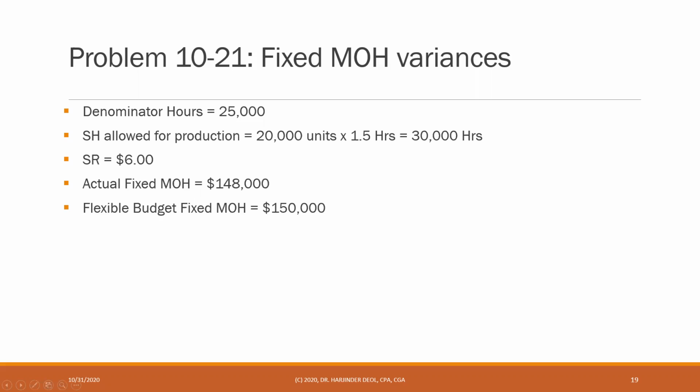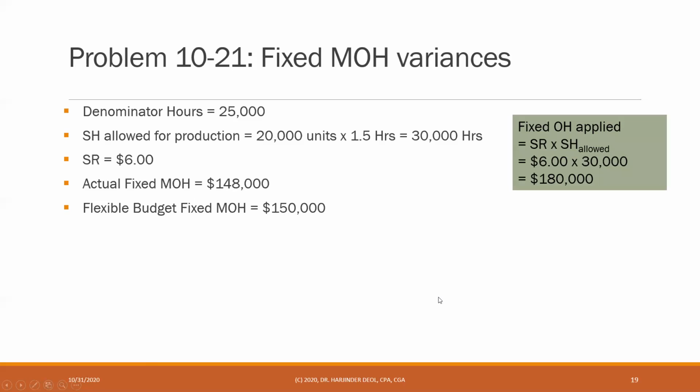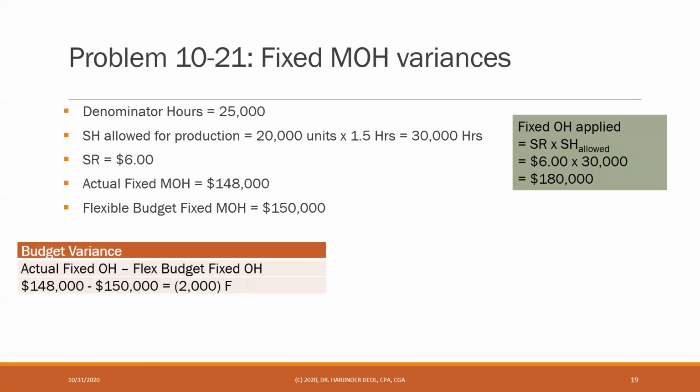Now, for the budget variance, we compare the actual fixed manufacturing overhead to the flexible budget overhead. Given the fact that our actual fixed manufacturing overhead was lower than what was budgeted for, the budget variance is a favorable amount. Now, the fixed overhead applied during the year is calculated by multiplying the standard rate, $6, by the standard hours allowed. We get 180,000.